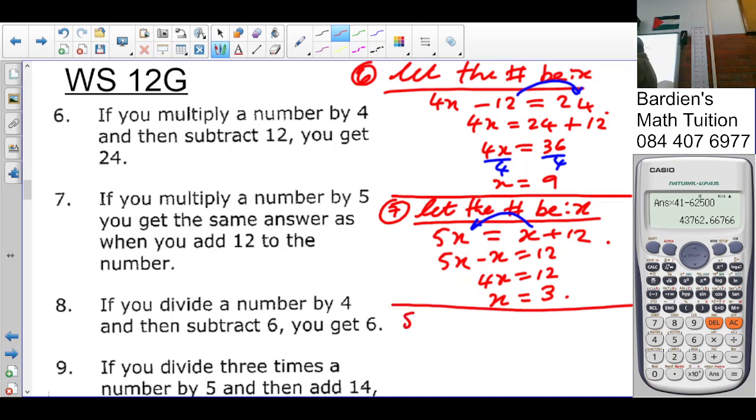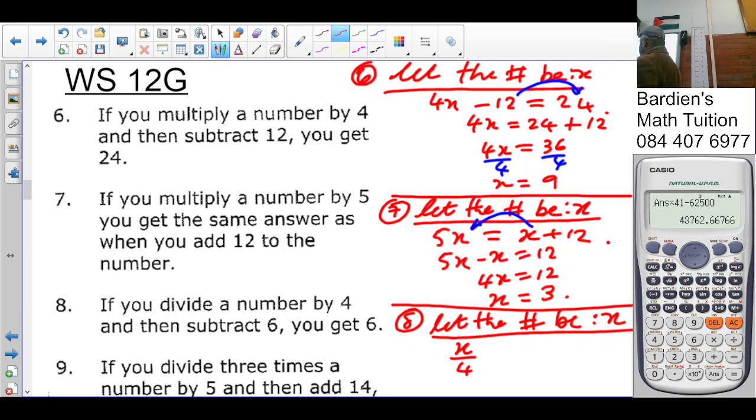Okay, number 8. If you divide a number by 4, then subtract 6, you get 6. So we say, let the number be x. If we divide the number by 4, it's going to become x over 4. Then subtract 6, minus 6. You get 6.